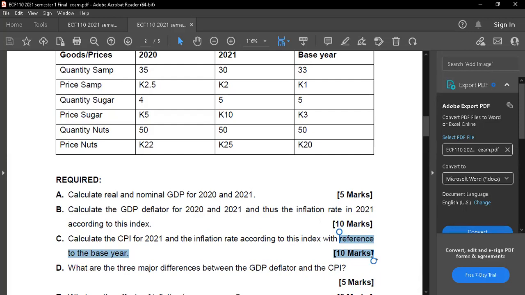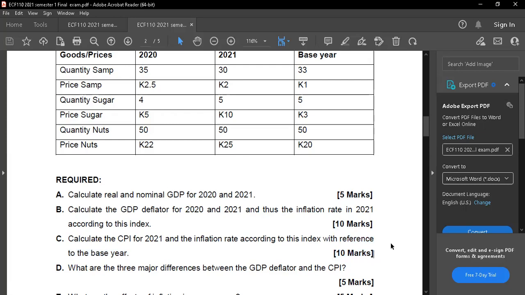But this one they have said with reference to the base year. So you say the CPI for 2021 minus the CPI for the base year, divided by the CPI for the base year, because the base year here will be our previous year. But if they don't include anything to say with reference to the base year, then you just find it with the initial year.